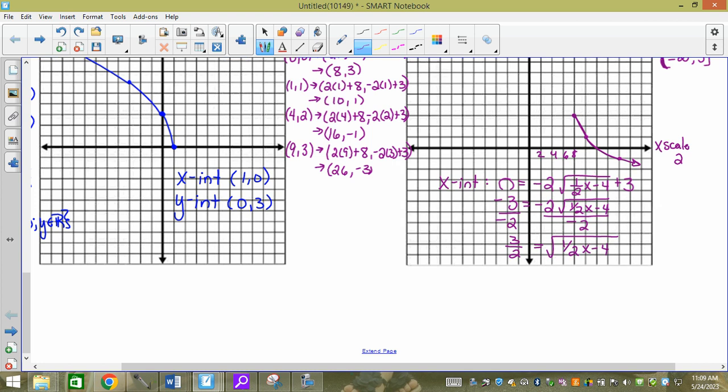How do I get rid of the square root? Square it. So I get 9 over 4 equals 1/2 x minus 4. Add 4.